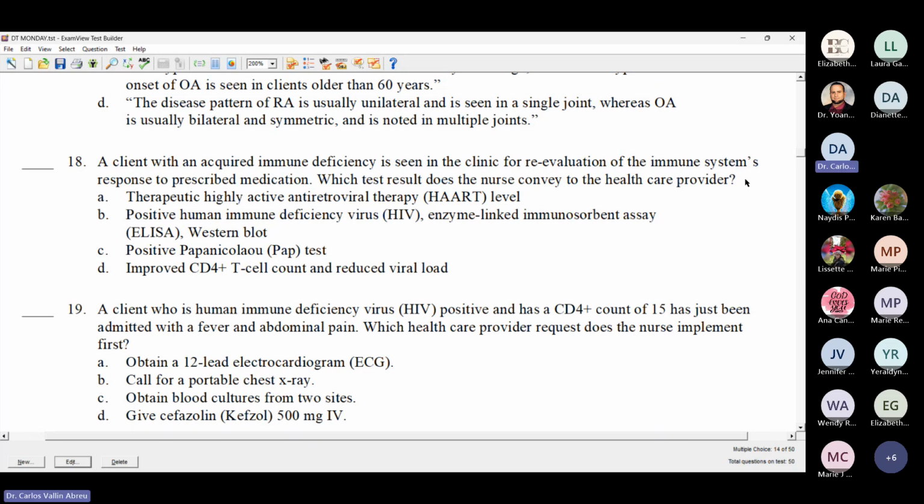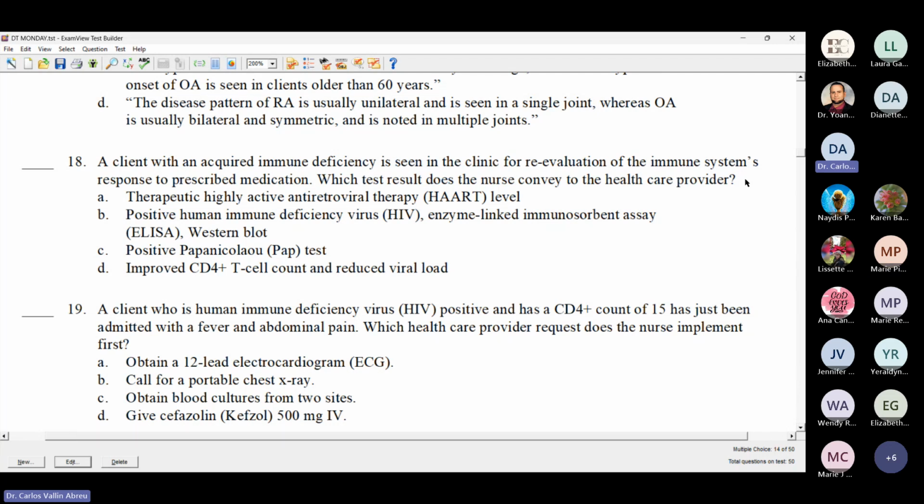So summarizing, I have a client that is known to be HIV positive, has acquired immune deficiency, and is coming to the clinic for evaluation, and has four test results: the blood levels of the antiretroviral medication that is used, the HIV ELISA and Western blot test, the Pap Nicolau test, and the CD4 count.